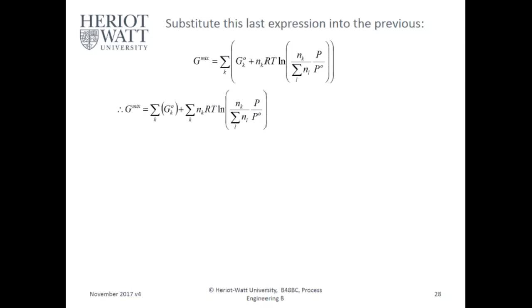Therefore, G mix equals sigma K G0K plus sigma K NkRT log of Nk over the sum of NL multiplied by P over P0, and that extends to G mix, the sum of Gk, the equation of state with respect to K, and pressures, partial pressures, and with respect to the actual composition.